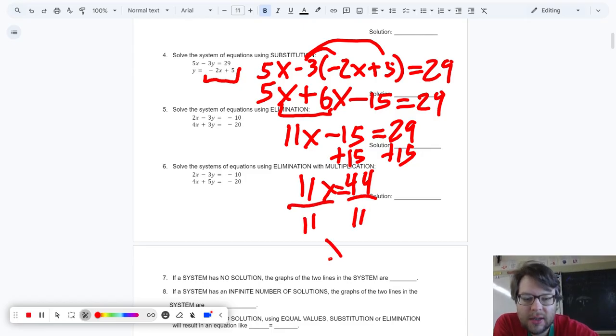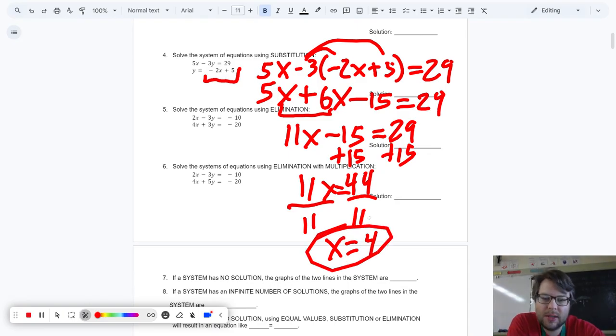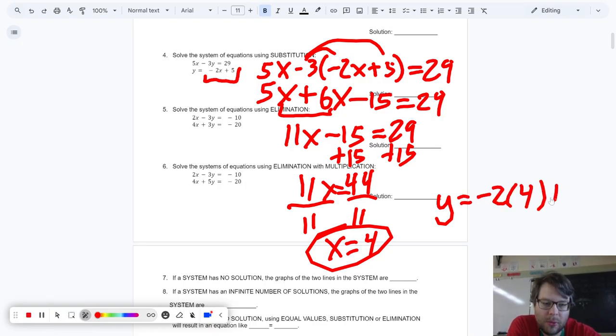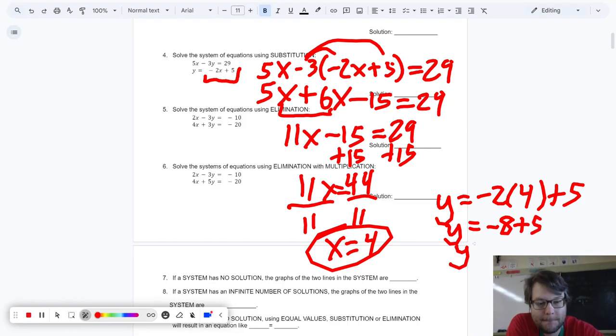Divide by 11, and I get x is 4. Not quite done. I know that y was equal to negative 2x plus 5, so I make y equal to negative 2 times the number x that I found, plus 5. That's negative 8 plus 5, which is negative 3.